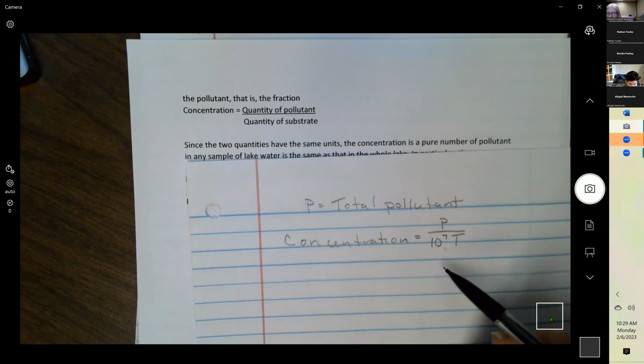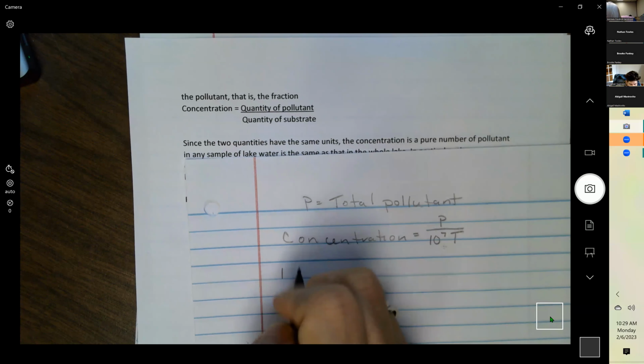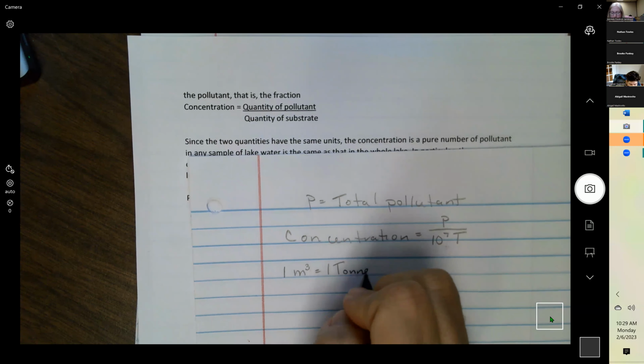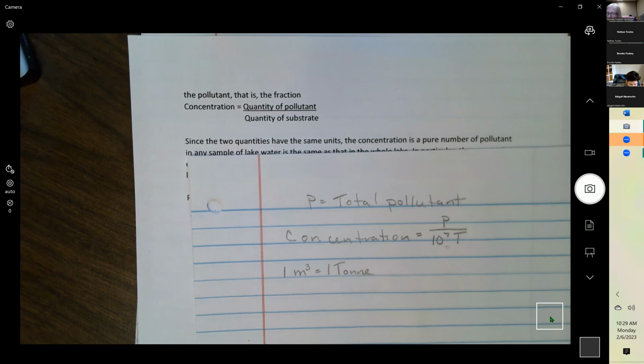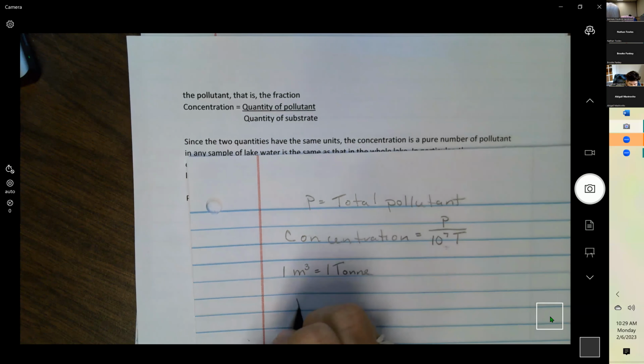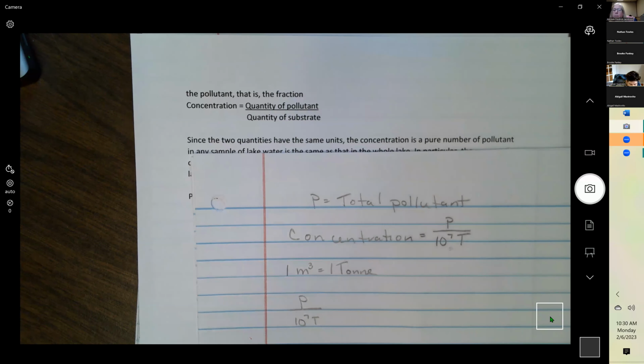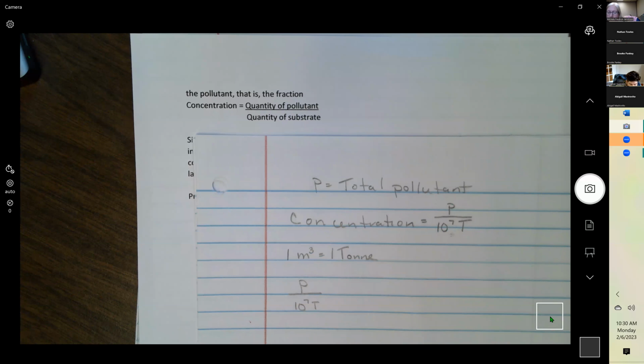Since the mass of 1 cubic meter of water is 1 ton, the amount of pollutant leaving with the outgoing flow is... so if we start with this, we want to convert this to how much per day.